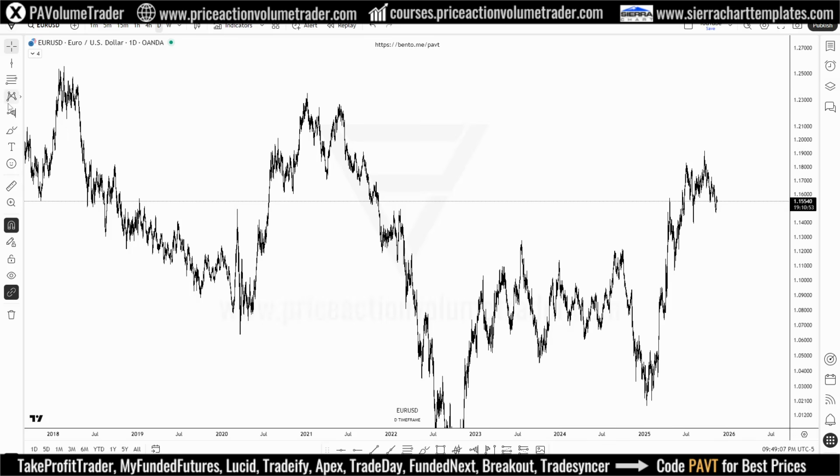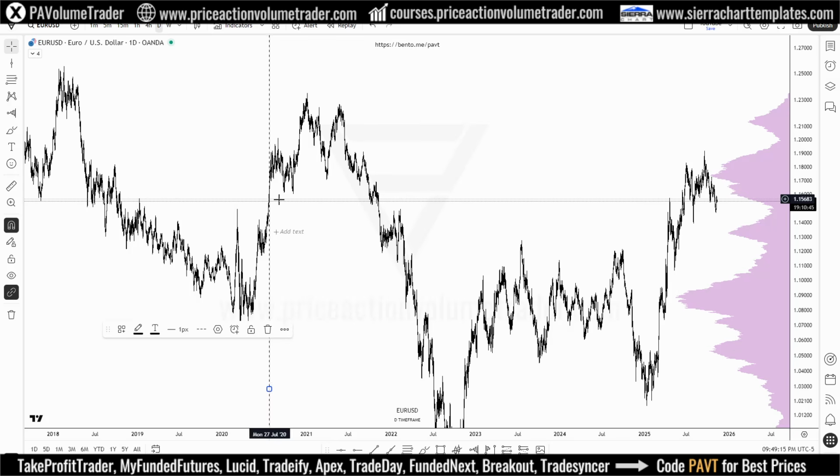So in the case of Euro US dollar, I could start a profile going all the way back to like July of 2020.